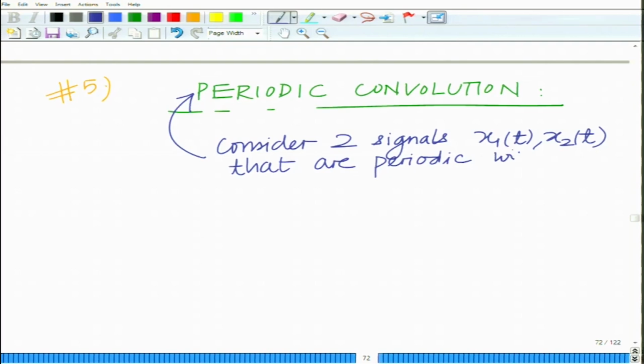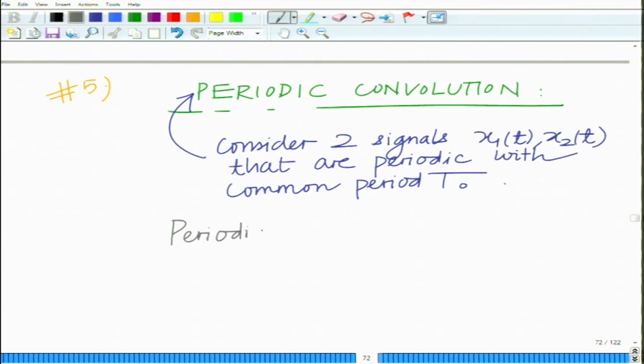Periodic with common period t naught. Now periodic convolution is defined as follows.